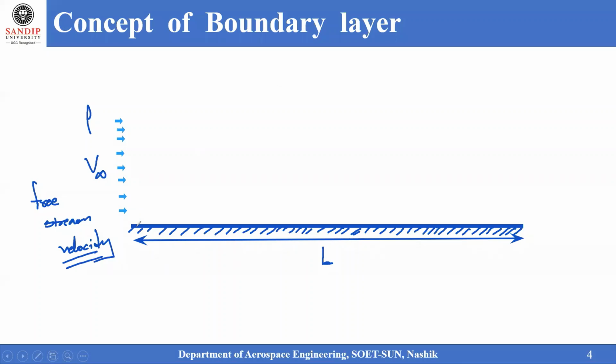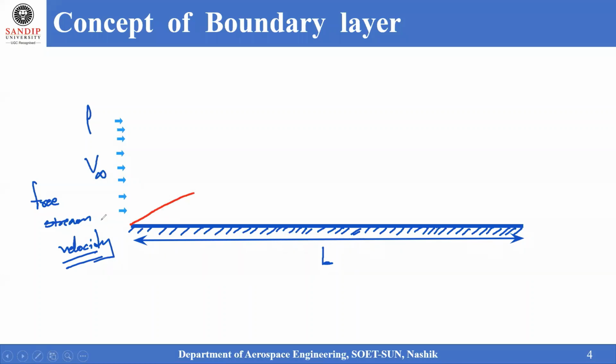Initially, as the fluid lines hit the flat plate, at this point the fluid has zero velocity.